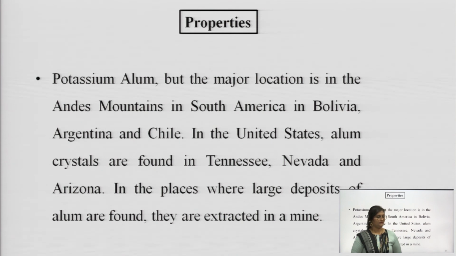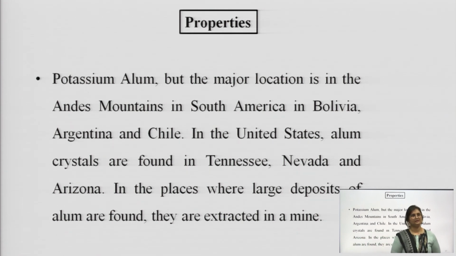Potassium alum is mainly found in the Andes mountains in South America, in Bolivia, Argentina and Chile. In the United States, alum crystals are found in Tennessee, Nevada and Arizona.